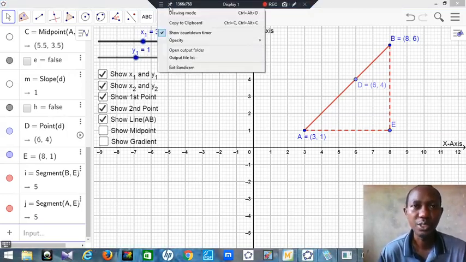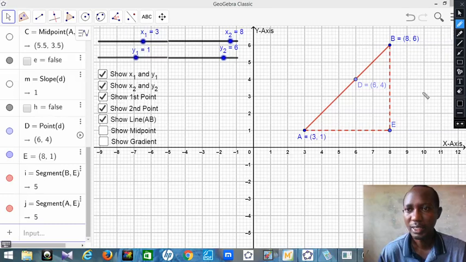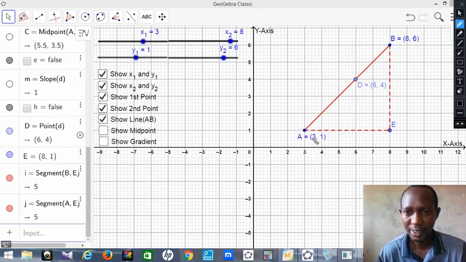All you need to do is to get this distance. What is the distance from B to E? If you know the distance, divide it by the distance from E to A. You know the analysis. If this is x1, you can see x1 and y1. From 0 to here is x1, which is 3. Then from 0 to E, this is x2, which is 8.